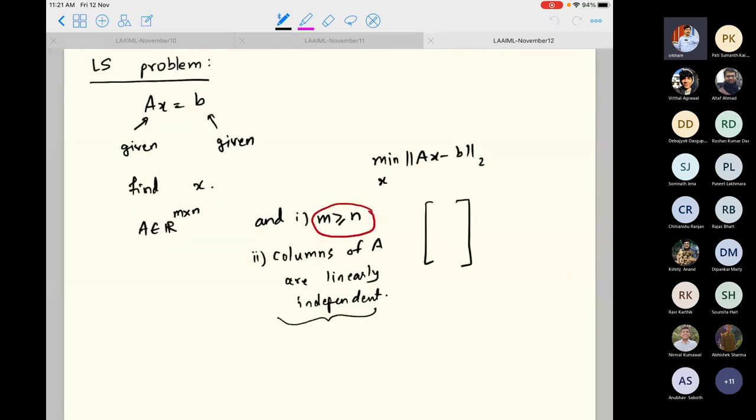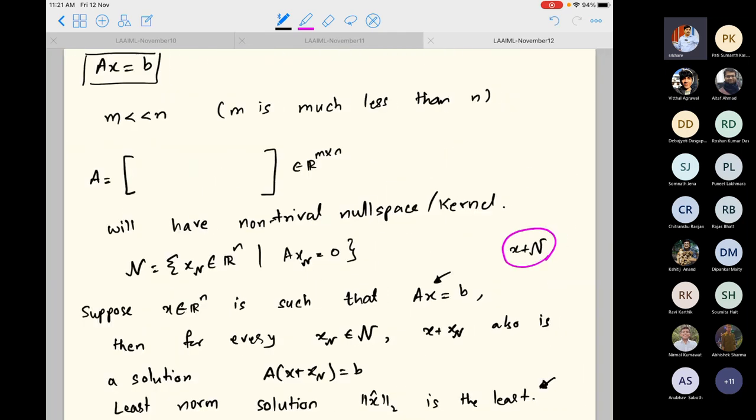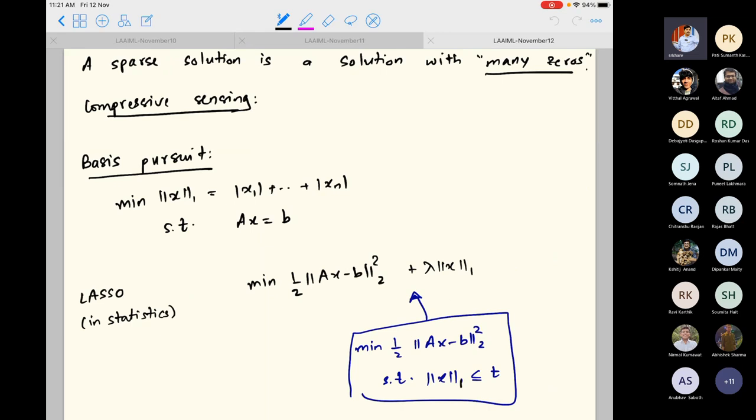Now when you are looking at Ax equal to B, all possible cases of different sizes of A and all possible scenarios of solving this problem get covered.